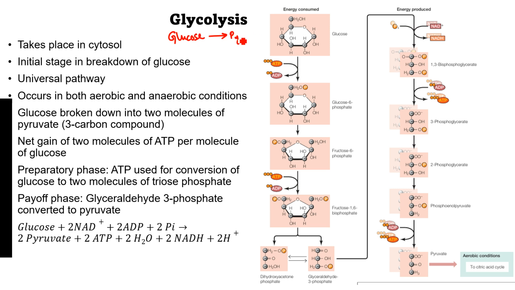So glycolysis is a metabolic pathway where glucose is broken down into two molecules of pyruvate, and there is a net gain of two molecules of ATP. First of all, it takes place in the cytosol, and it is an initial stage in the breakdown of glucose.